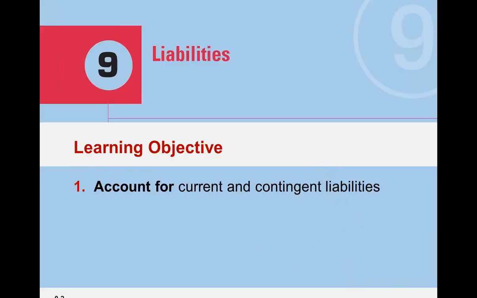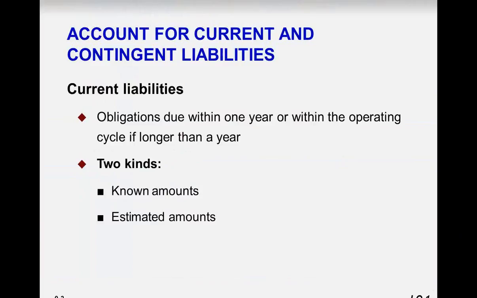Okay. The first objective that we'll talk about is how do we account for current and contingent liabilities? And in fact, what are contingent liabilities? So current liabilities are obligations due within 1 year or within the operating cycle if your cycle is longer than a year. There are two basic kinds of current liabilities.